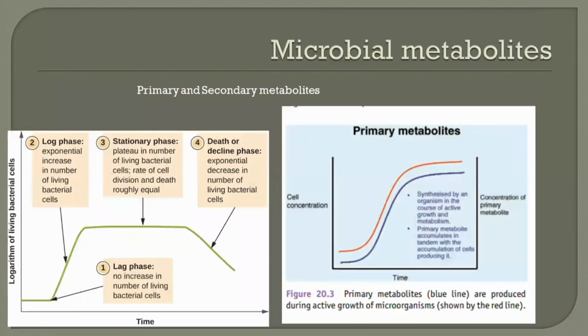Primary metabolites closely follow the growth curve. The red line represents the growth of microorganisms, while the blue line represents the primary metabolites produced.